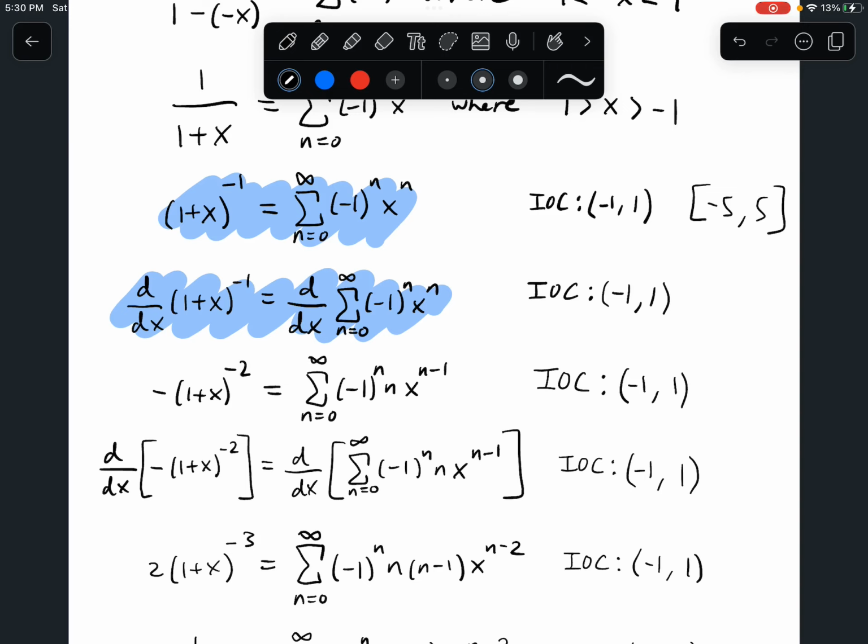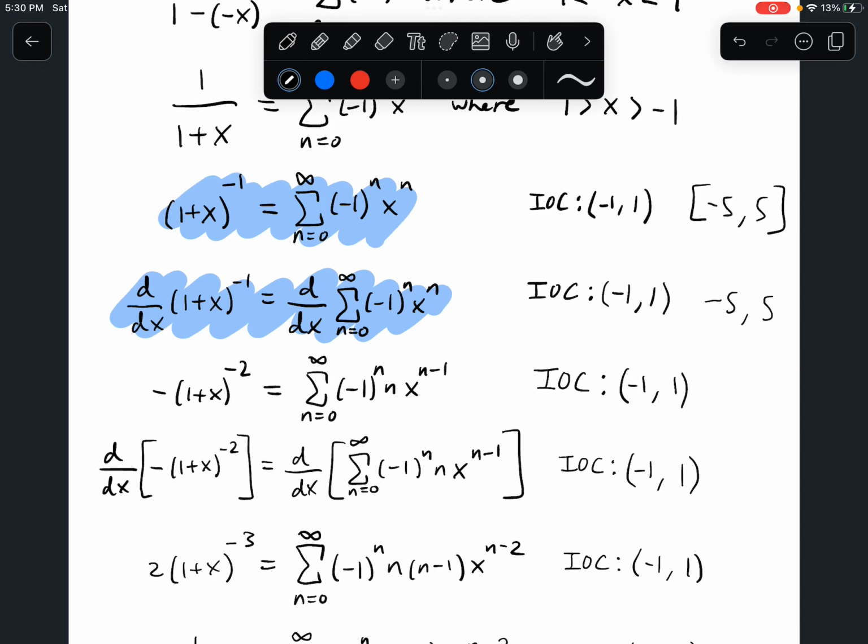Whenever differentiation happens, the interval of convergence is still going to be from the same numbers. So it's still going to be from -5 to 5. It's still going to take up the same distance. But the thing that could change is that endpoints could be lost.